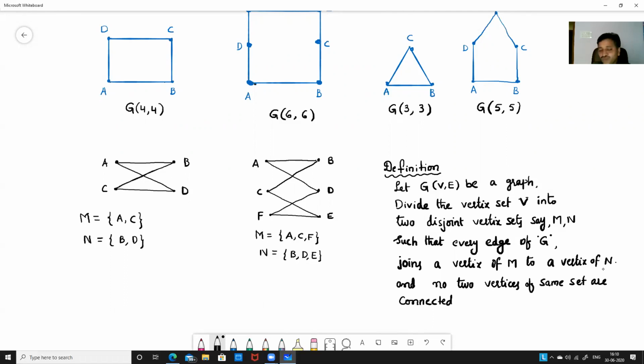Means we cannot connect two vertices of M. We cannot connect two vertices of N. So that type of graph is called a bipartite graph.